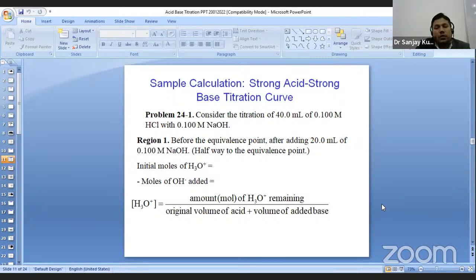Suppose it does not give a good result, or there is a minor difference between the first, second and third readings, then we go for a fourth one and fifth one. Out of these five we go for concurrent readings, where any two readings are nearby each other, and we take those.